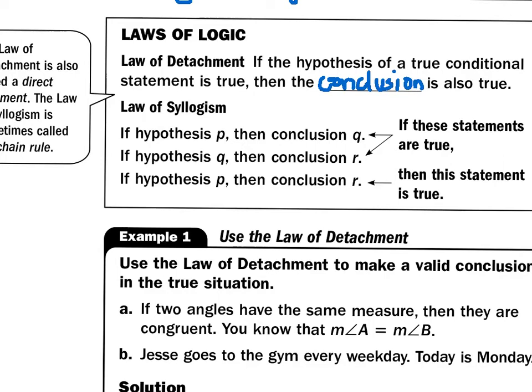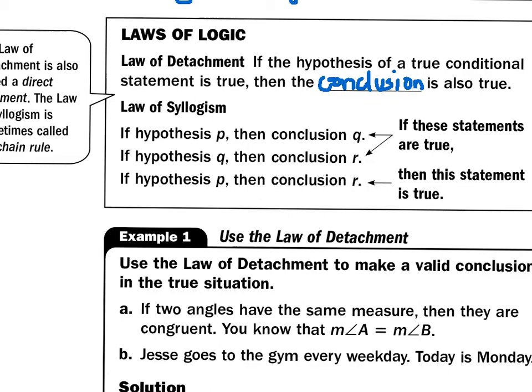So that might be: if an animal is a bird, then it has wings. If I truly do have a bird, then that bird will have wings. If it's true, then the conclusion is also true.